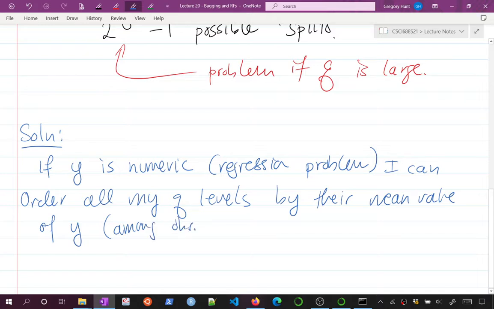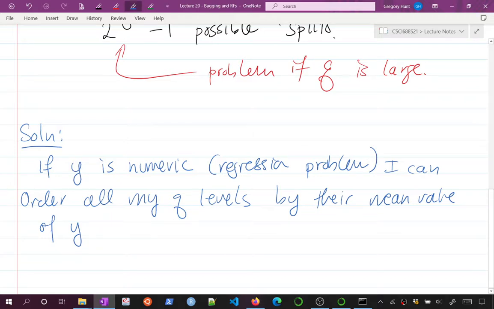That is, for each of the Q levels, we look at which observations have that level, and we calculate the mean y for each of those different possible levels.